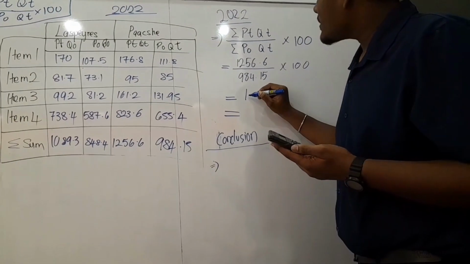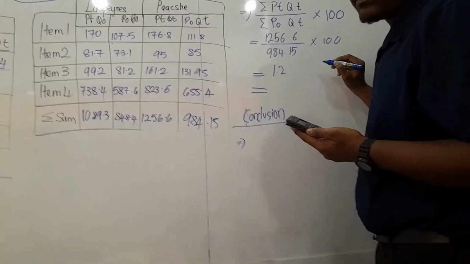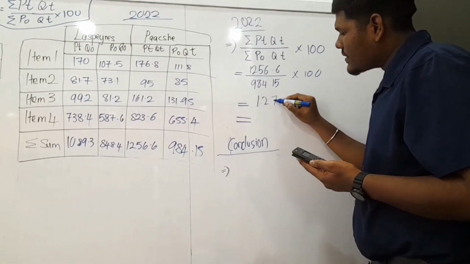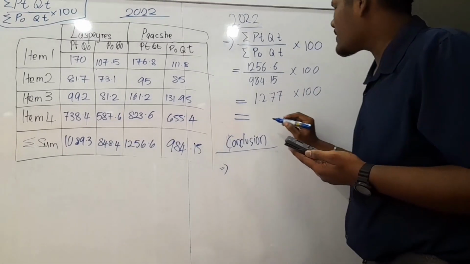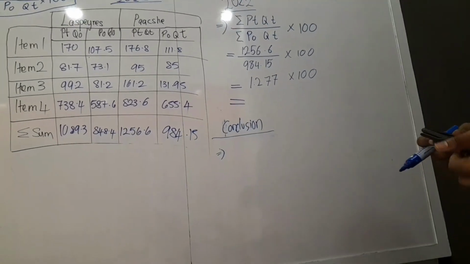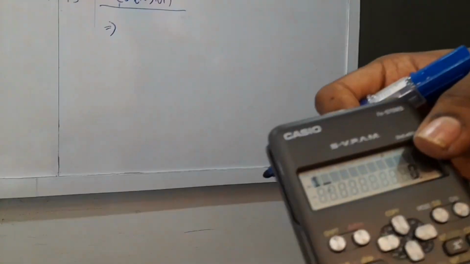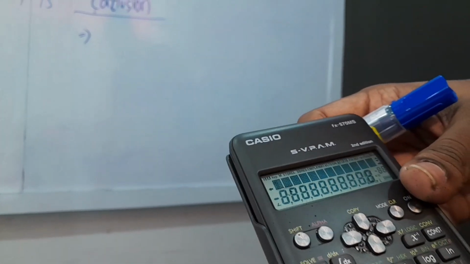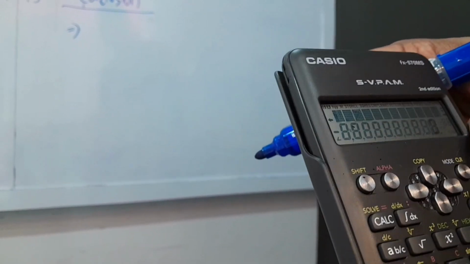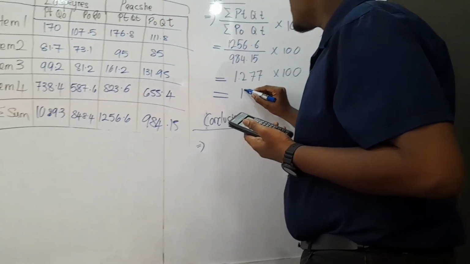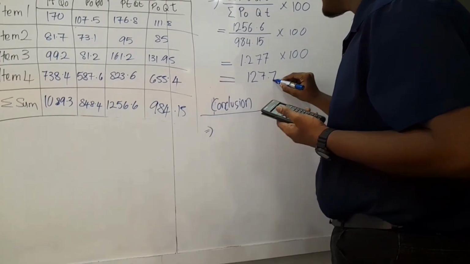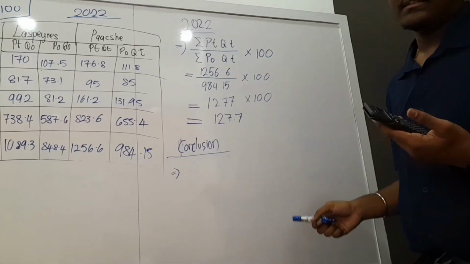So 1.277 times 100. The answer is 127.7. Alright, we got this answer for 2022.